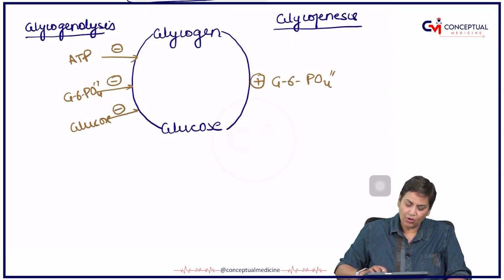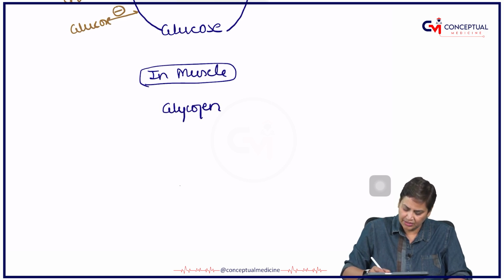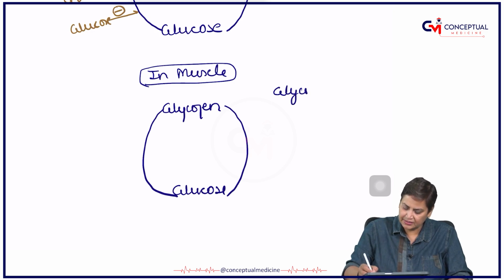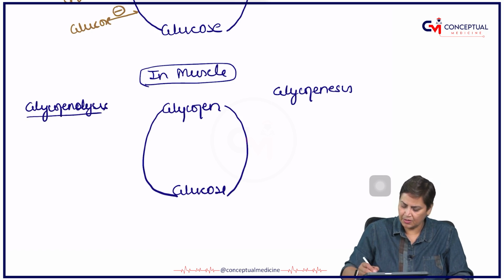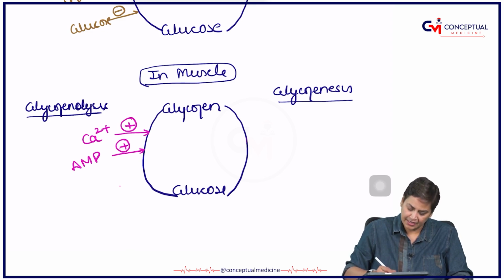Okay. And if we talk about the muscle, what is happening in the muscle? The most important difference in the muscle, and this is glycogen, glucose, glycogen to glucose, glucose to glycogen, everything is same. The only difference is glycogenolysis is always promoted by calcium, promoted by AMP, right?